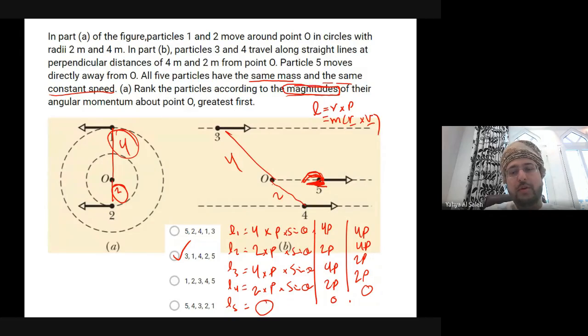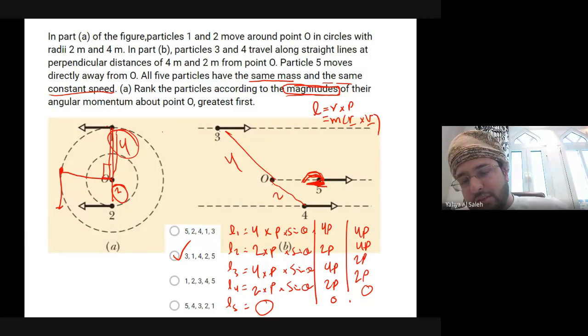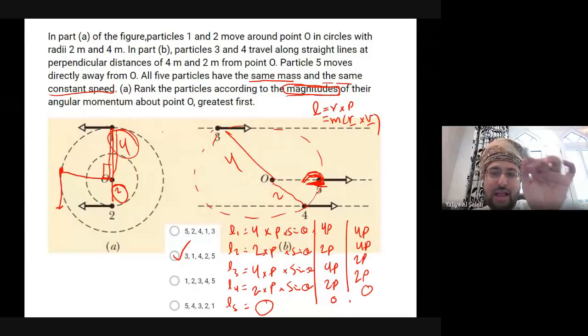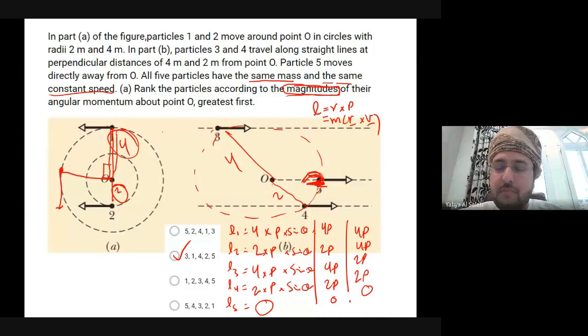Here you have some angle, but in a minute this particle will come here, so it will have a different angle. Here you can imagine the same. You can imagine a circle. So as they move, their angles will change, but their magnitude will remain the same.